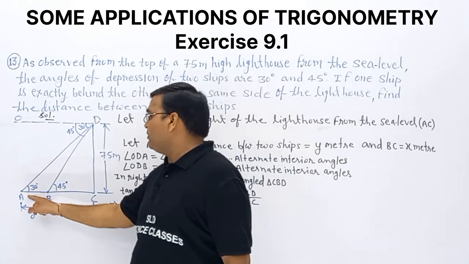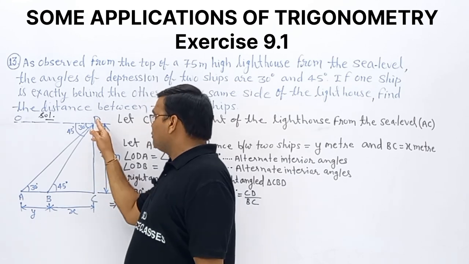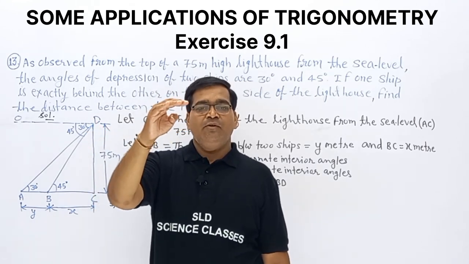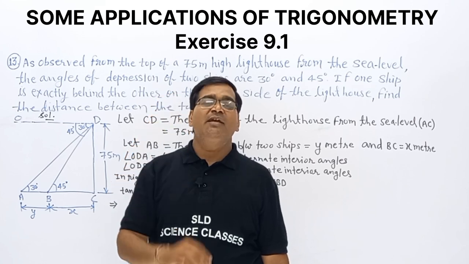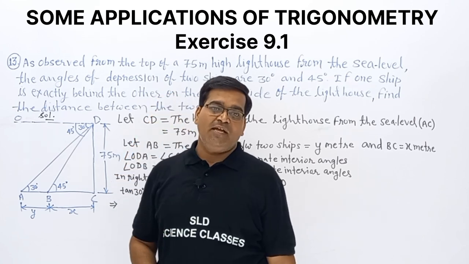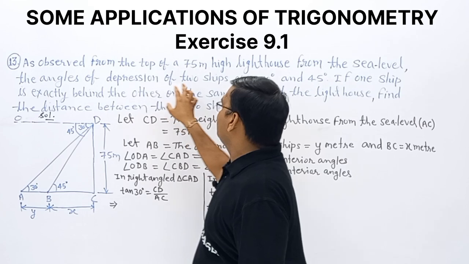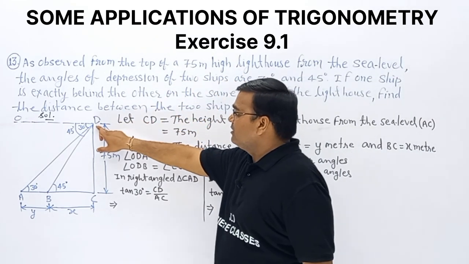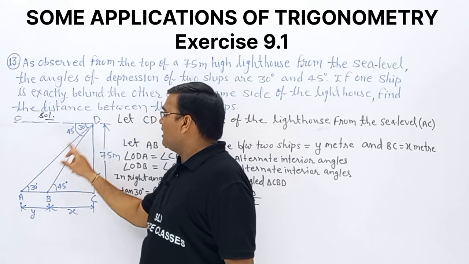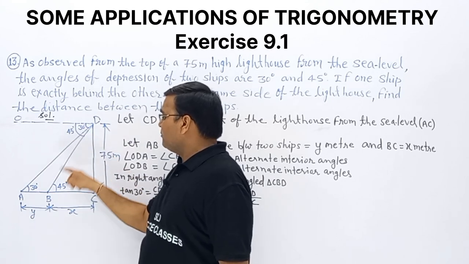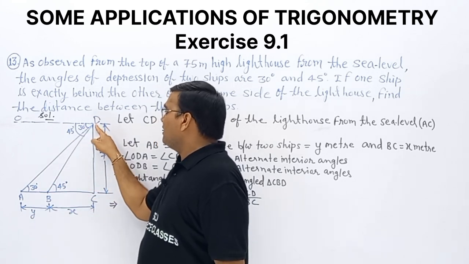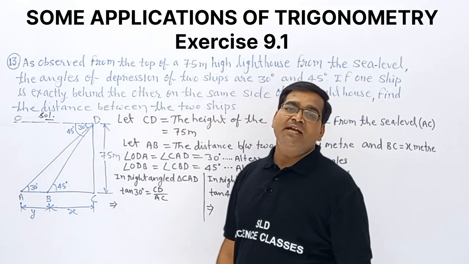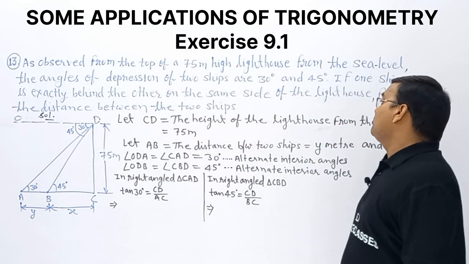Two ships A and B are there. We are observing from the top, with the horizontal line and line of sight making the angle of depression. For this ship, the angle of depression is 30 degrees, and for this ship it is 45 degrees. Both are angles of depression.